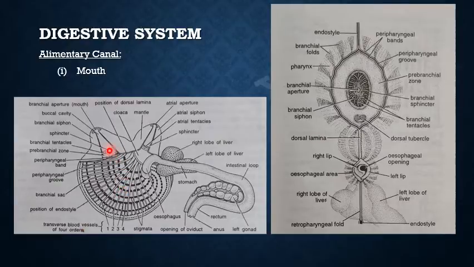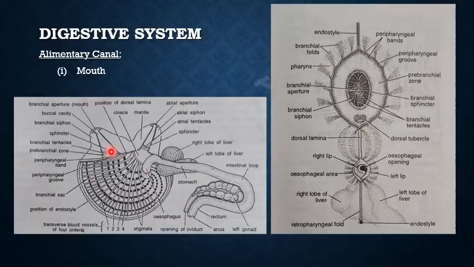These branchial tentacles are of 4 sizes. There are approximately 8 large tentacles, 8 small tentacles, 16 very small tentacles, and then the smallest tentacles.